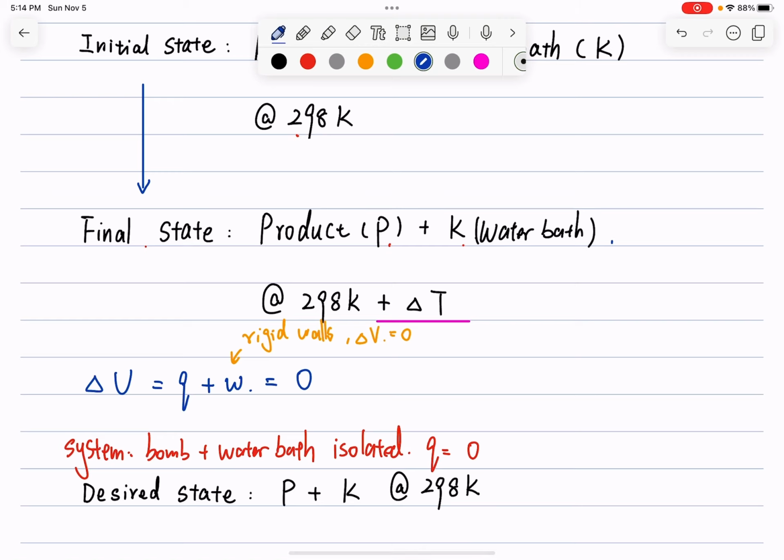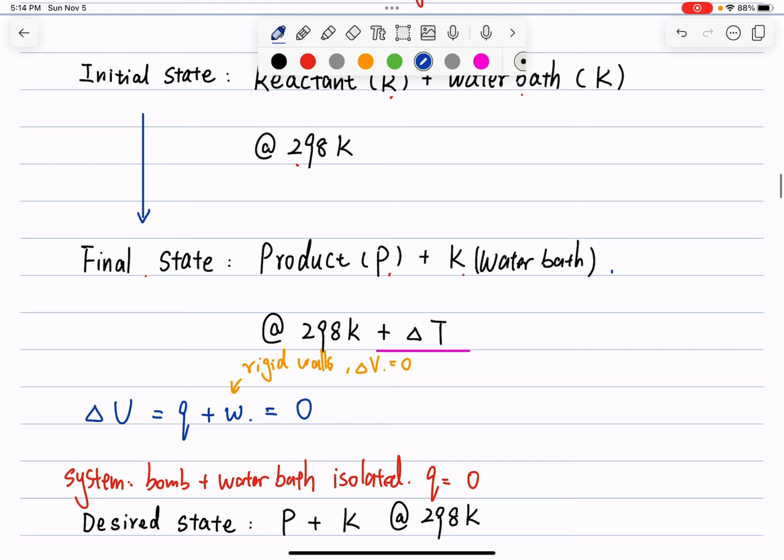But this is not what we want, right? What we want is the product plus water bath at temperature 298 Kelvin, not at 298 plus some random delta T temperature.